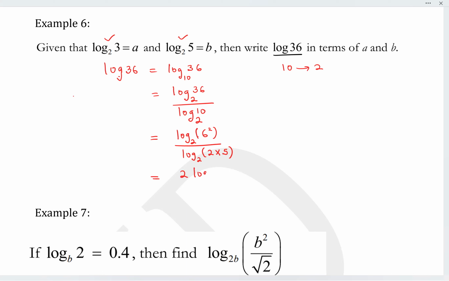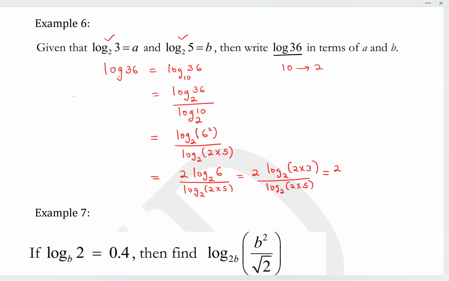So you have 2 log 2 of 6 over log 2 of 2 times 5, right? We can also write this 6 as 2 times 3. So this can become 2 log 2 of 2 times 3 over log 2 of 2 times 5.